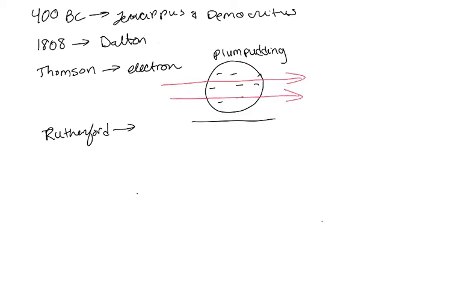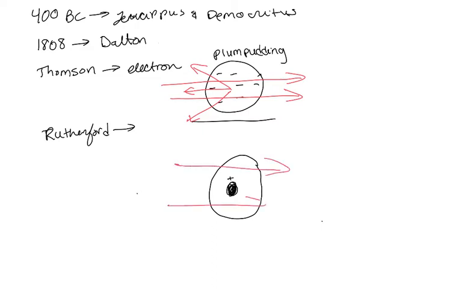But what he ended up finding was, most did go straight through, but he got some deflections at certain angles. And he said, okay, that's strange. So that must mean that the atom is mostly empty space, but it has a very dense, positively charged nucleus in the middle. And this accounts for why most of the alpha particles went straight through, but some, when they came across the dense nucleus, actually deflected back.